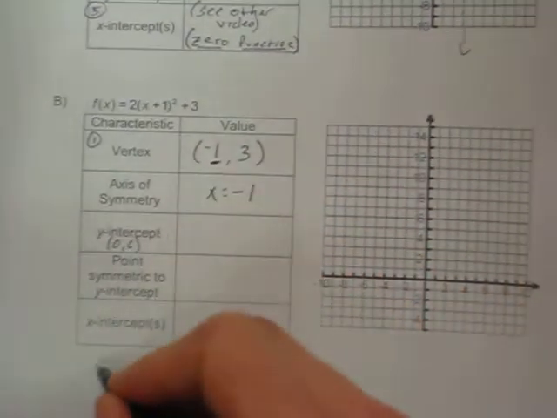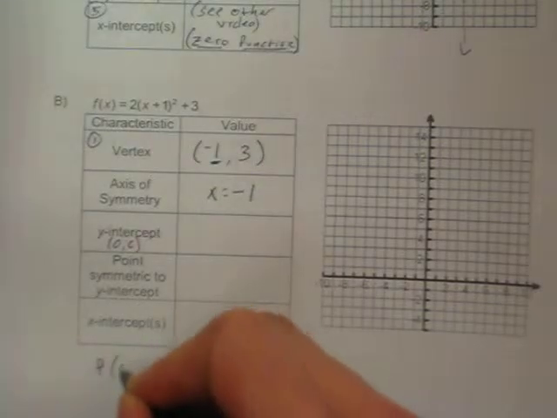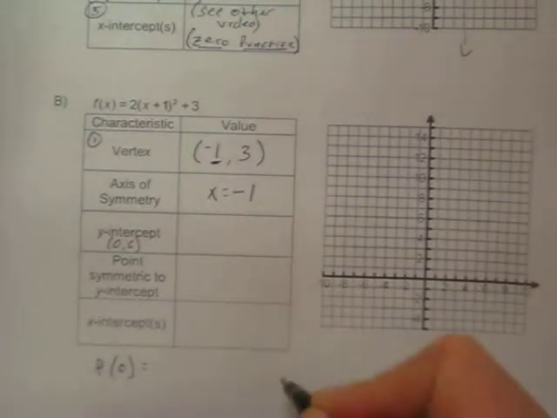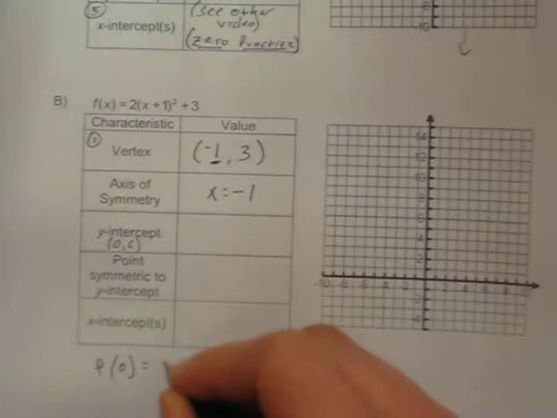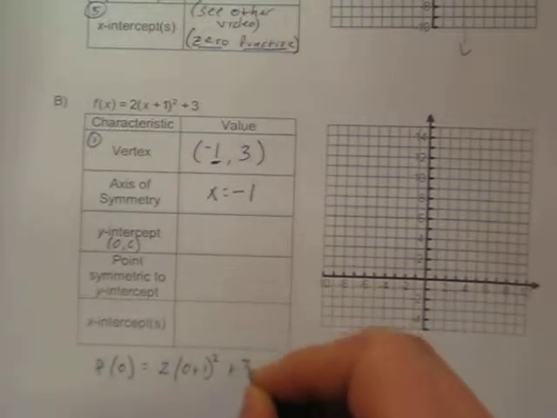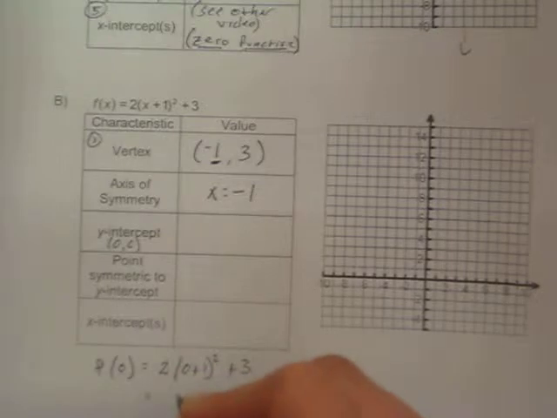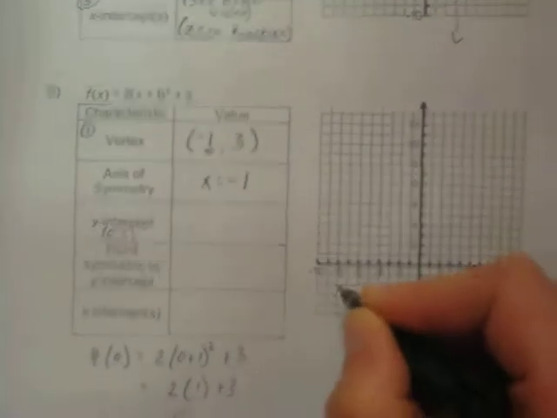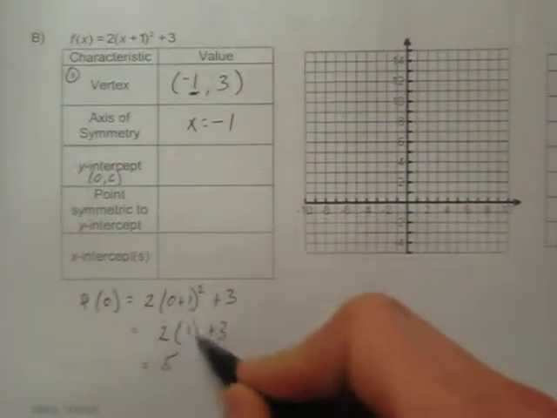To find the y-intercept, you say, what is y when x is 0? So you have 2(0 + 1)² + 3. This is 2 times 1 plus 3, and that is 5. So you just plug 0 in and work this out.